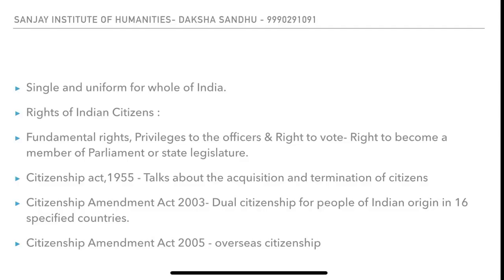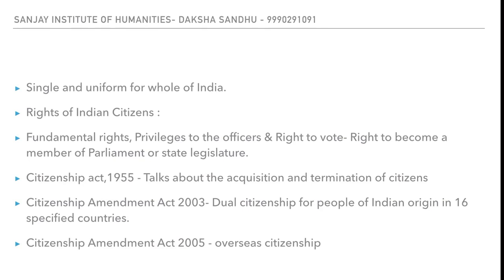The Indian constitution provides for a single and uniform citizenship for the whole of India, and Indian citizens enjoy specific rights. And what are those rights? Those rights are fundamental rights, हमारे मौलिक अधिकार, and privileges to officers such as the president, vice president, judge of the Supreme Court or a high court, attorney general, and governor.